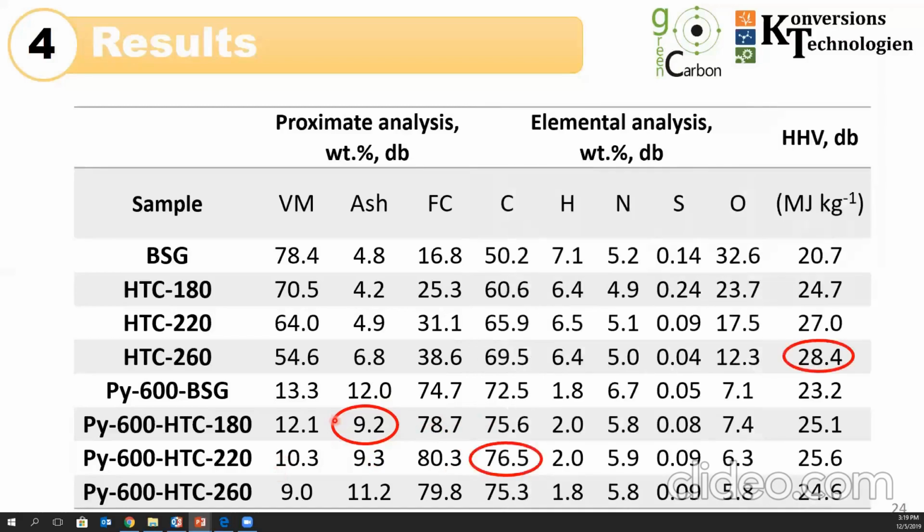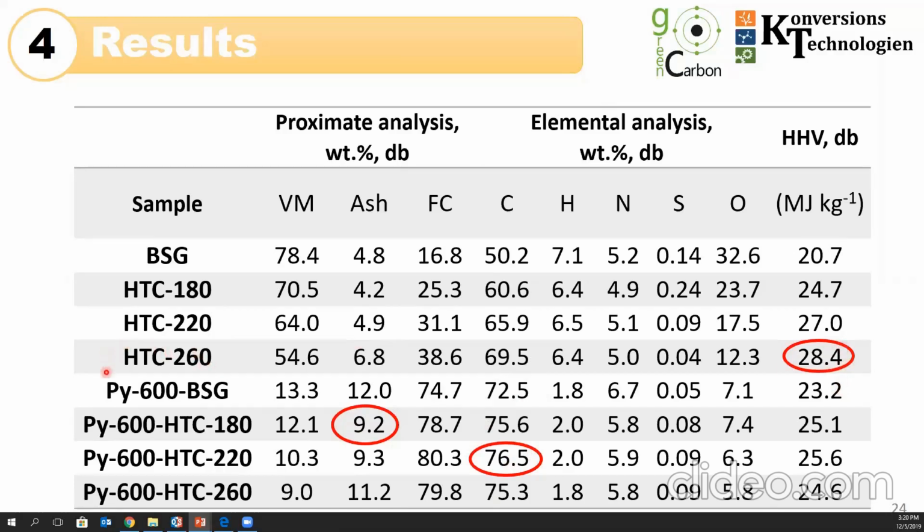Then let's take a look at the elemental analysis of the char, and we can observe here that one-step pyrolysis of brewer's spent grains resulted in around 72.5% of carbon, and the two-step process shows a little bit of increase in carbon content. However, for the calorific value in the last column, we can observe that it was the highest for the hydrothermal carbonization at 260 degrees.